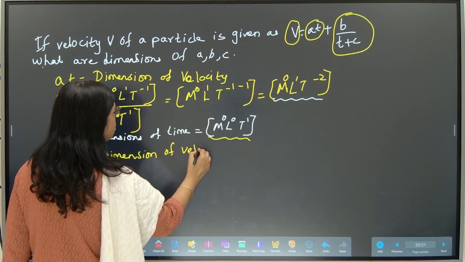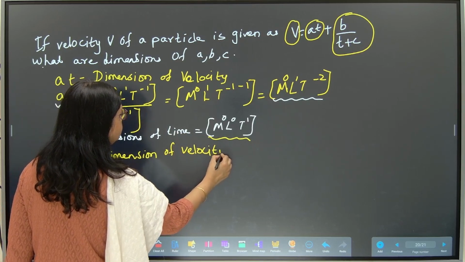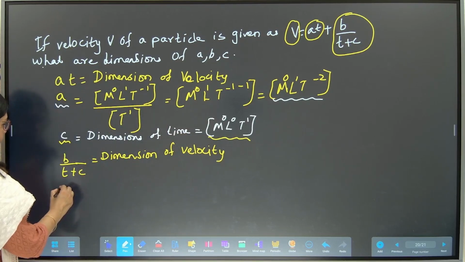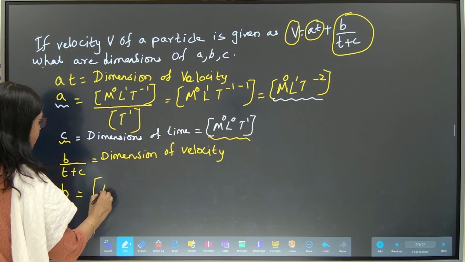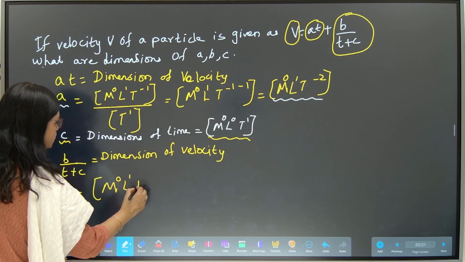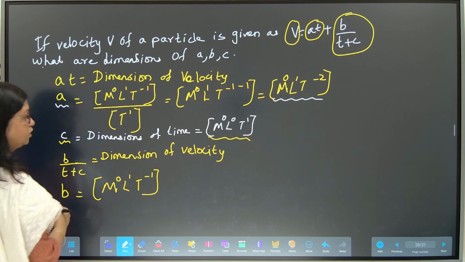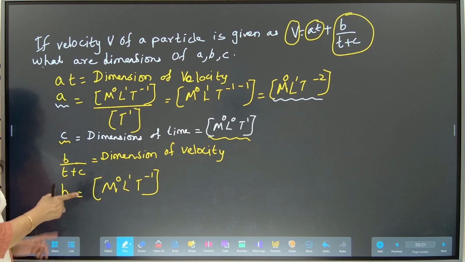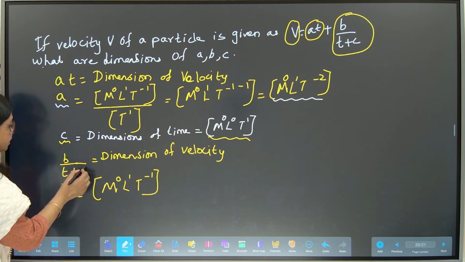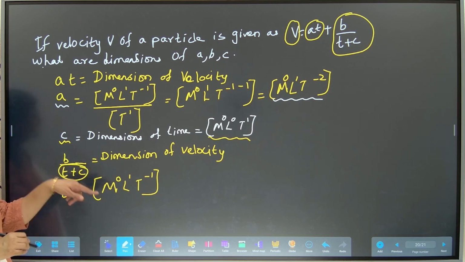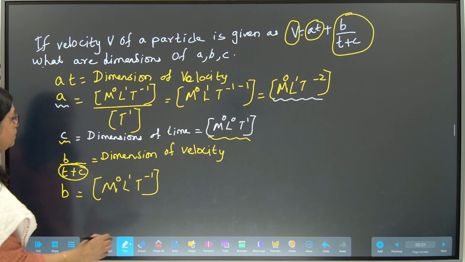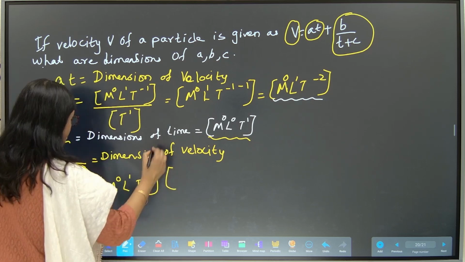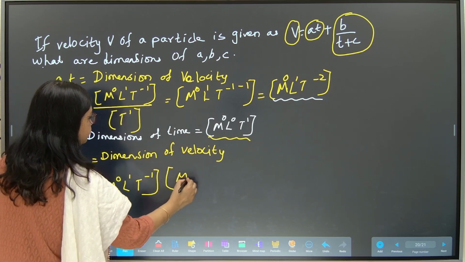So overall, it must have dimension of velocity. So B is equal to dimension of velocity, I will just write M raised to 0, L raised to 1, T raised to minus 1. This is the dimension of velocity, multiplied by dimension of time, because this has a dimension of time. Whether it is T or whether it is C, just now we wrote. So I must multiply the dimension of time.